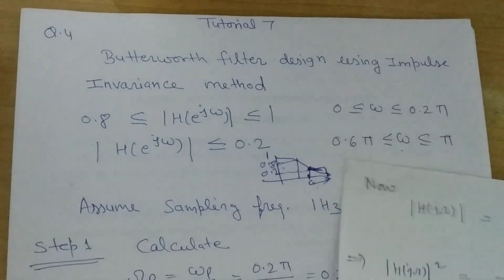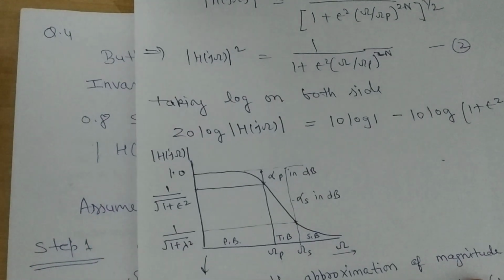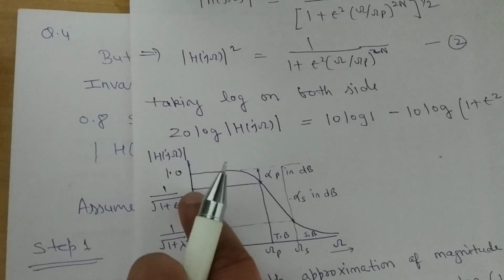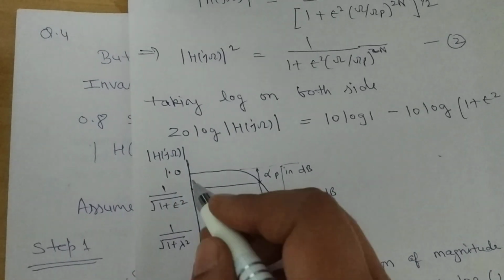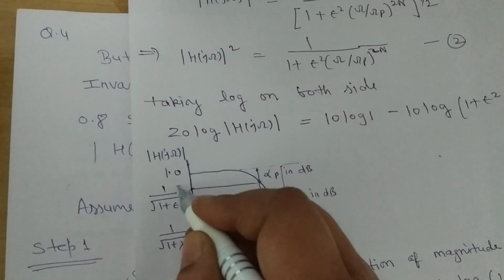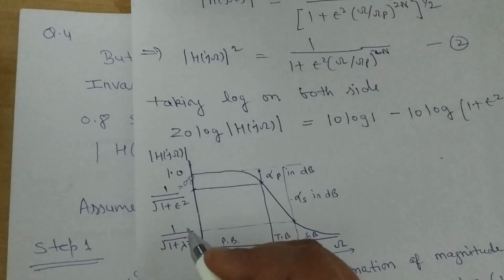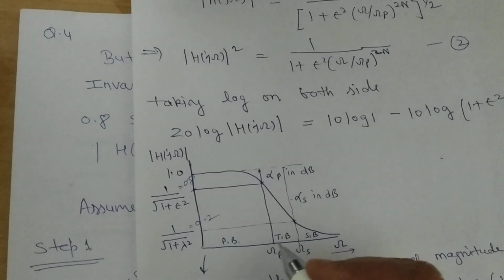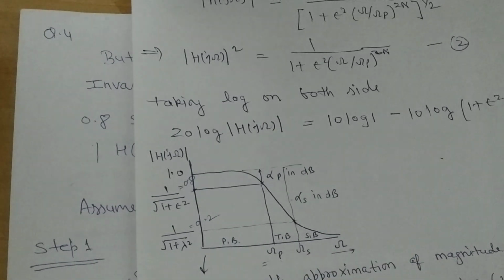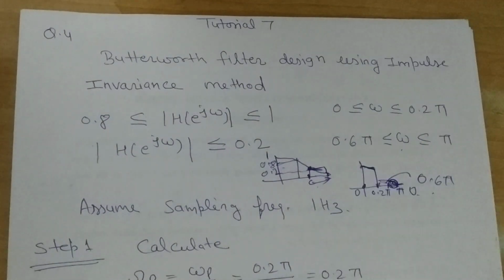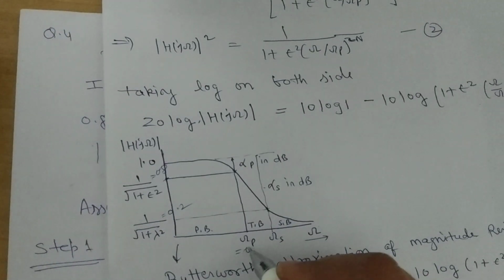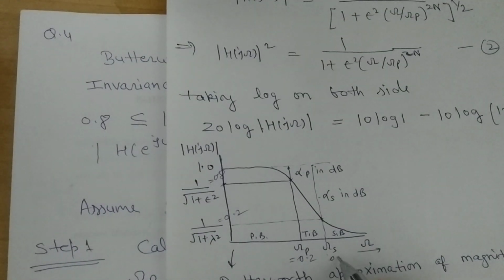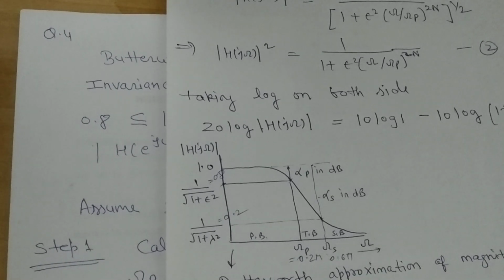So when we go through the Butterworth filter specification, in this case we will see that this point is equal to 0.8 and this is equal to 0.2 with the given specification, and omega p in this equation is 0.2 pi and this will be 0.6 pi.